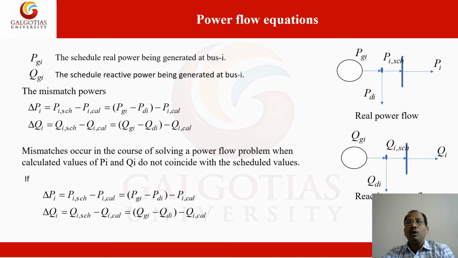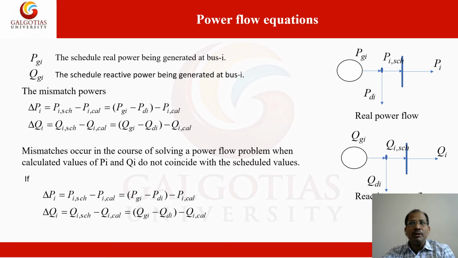And what amount of active power and reactive power is injected into the system, we have to calculate as Pi. So Pi we have to calculate using the load flow analysis. Before proceeding, we have to calculate the mismatch powers in terms of active and reactive.